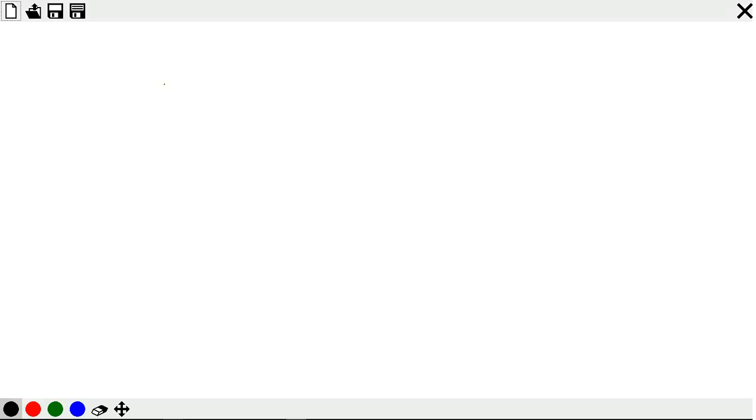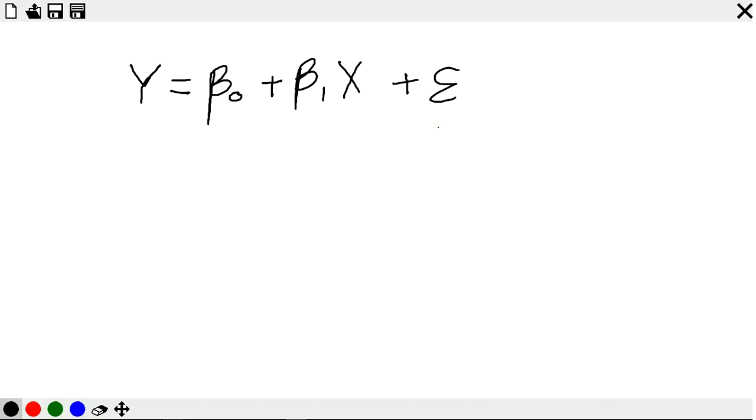So when we have a linear relationship between a y variable and an x variable, this is what we're really saying. So this variable y is what I'm going to call the true relationship. Y is going to be some beta 0, some constant number, plus beta 1 x plus epsilon.